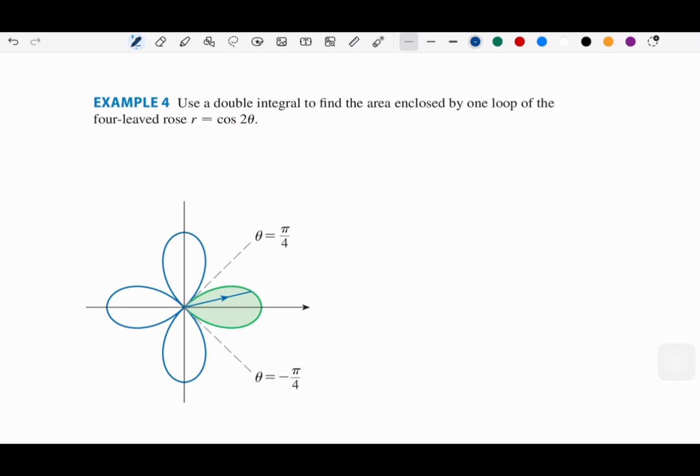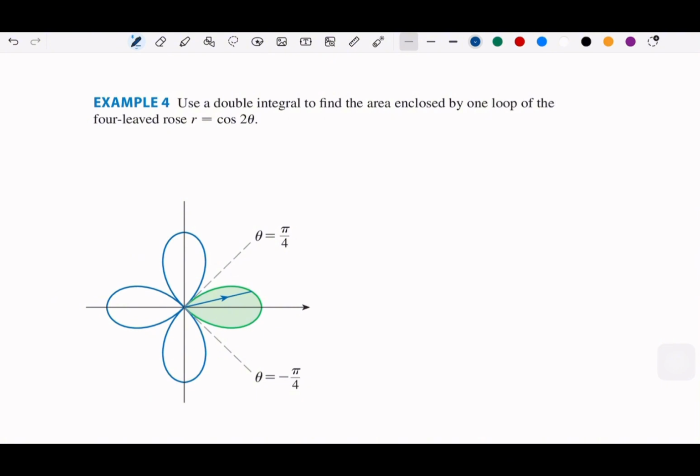Remember that if we have an even number for the rose curve, for example, cosine 4 theta, it means the leaves will be 8. And I hope you know how to draw it, but I believe you'll be confused about that. So I think I will provide the picture whenever we get these questions. Okay. So the question is asking for the area here.